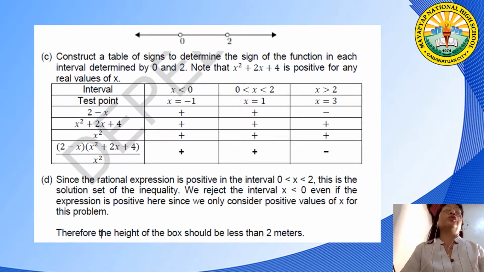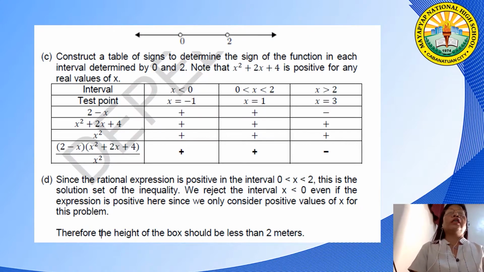as the solution set. And then next is to construct a table of signs to determine the sign of the function in its intervals determined by 0 and 2. And note that x squared plus 2x plus 4 is positive for any real value of x. So these are the intervals, the test points, and these are the factors.